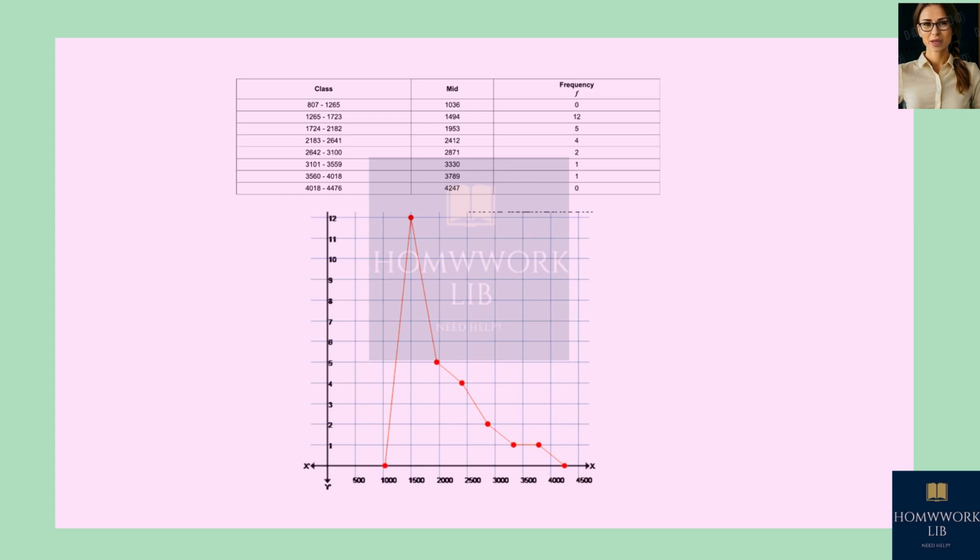Then going up to 12 at 1494, then down to 5 at the midpoint of 1953, and then down to 4 at 2412, then down to 2 at approximately 2871, then down to 1 at 3330, and then down to 3,789, and then down to 4,247.